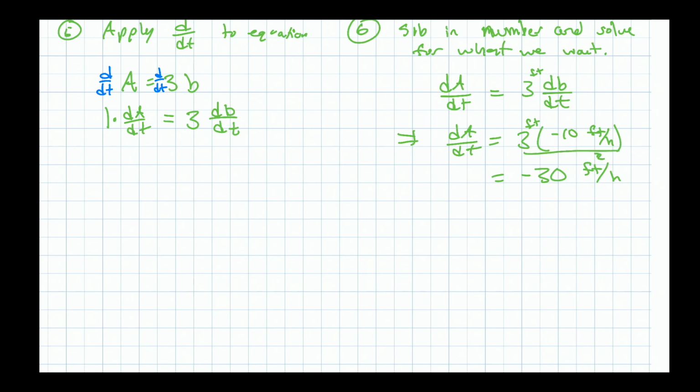You don't need the units for the answer on Newton, but for yourself you should know them. All right, so -30, that's the answer. And so really you're just doing this a bunch of times.